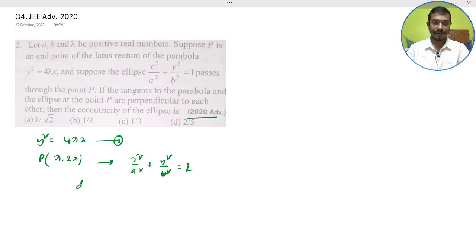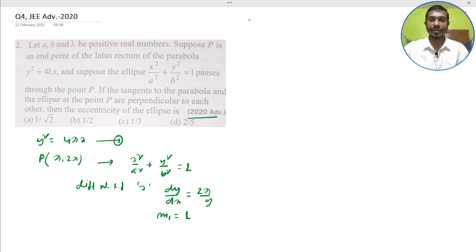So differentiating with respect to x both sides, we would get dy/dx equal to 2 lambda by y. Slope of tangent to the parabola, that is m1 equal to 1. Similarly, now differentiate this equation, x square by a square plus y square by b square equal to 1, for getting the slope.